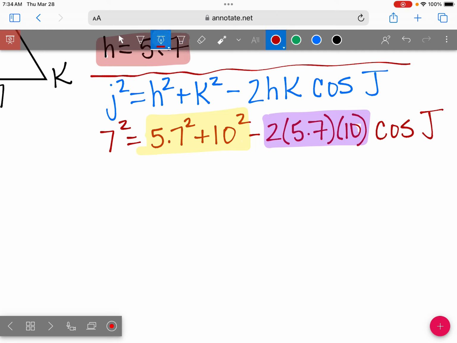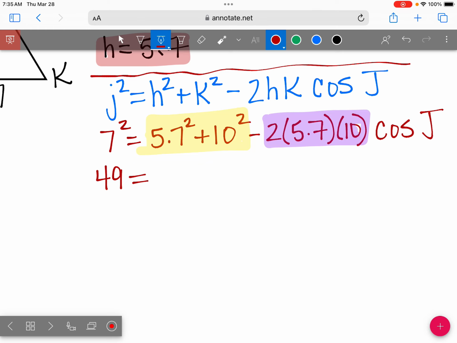Okay, so let's figure it out in our calculator. We know 7 squared is 49. Did you get 132.95? I got 132.49. Oh, okay, that's because I rounded differently.